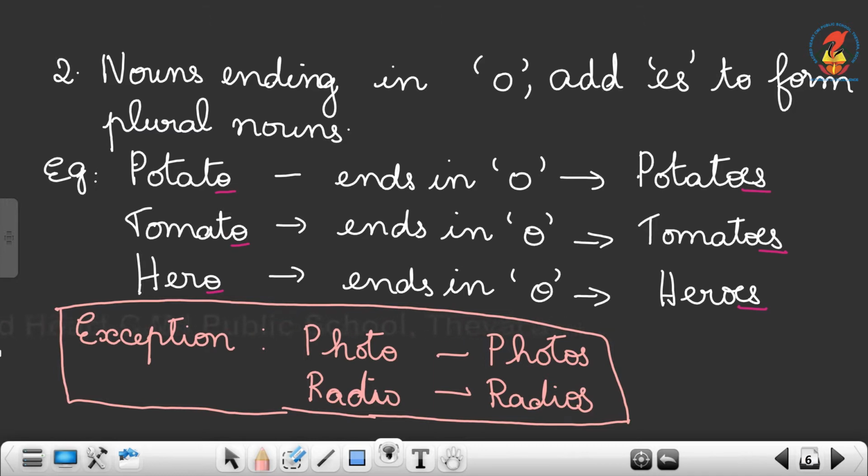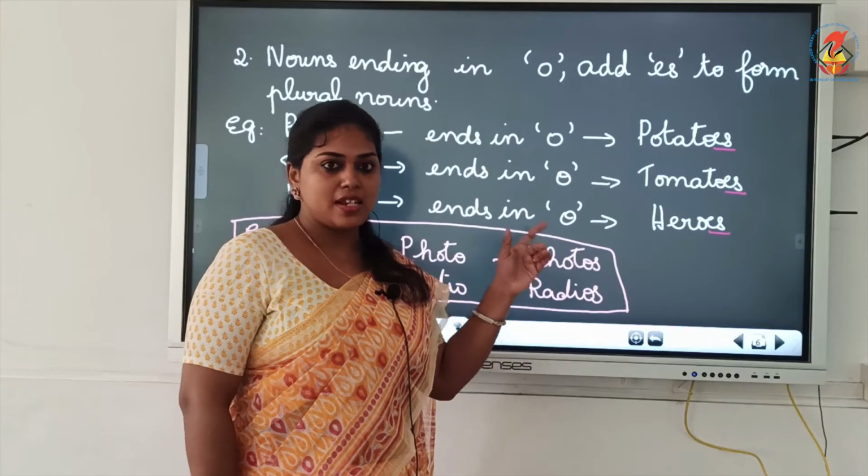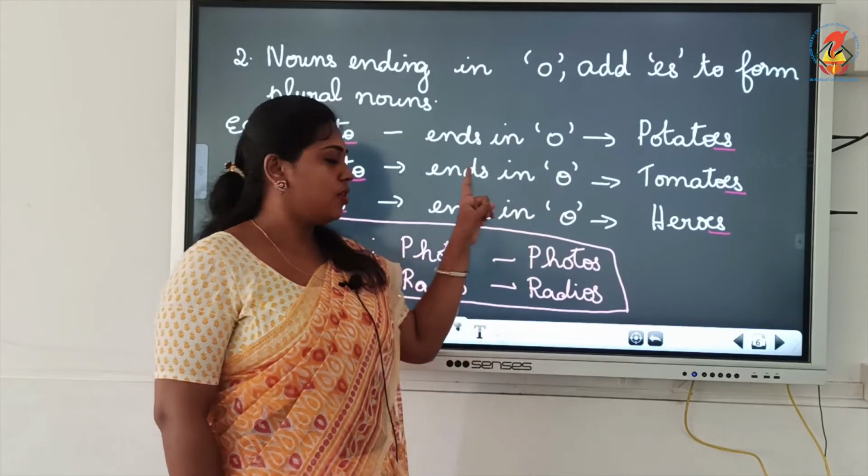Yes. Now, for the nouns ending in o, if the nouns end in o, to make it plural, you have to add es. So, along with the previous category, we can include this also.